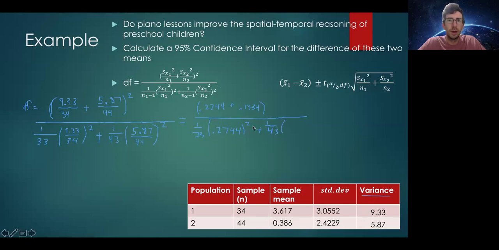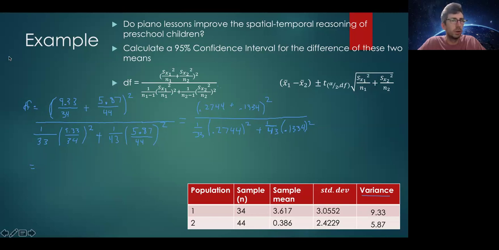And multiply that by 0.1334 squared. Okay. So let's add these things together. Oops. Don't want to forget that squared term. So let's add these things together and then let's square them down here as well, all in kind of one step.